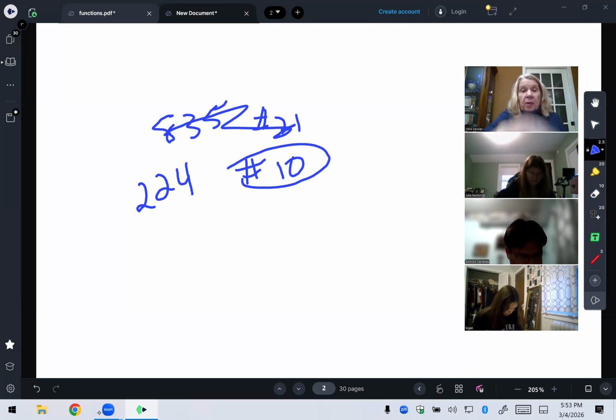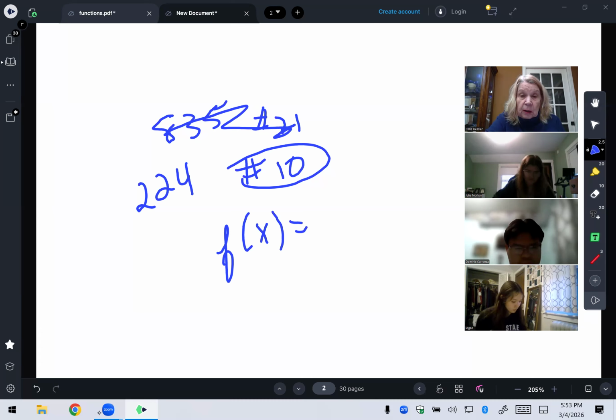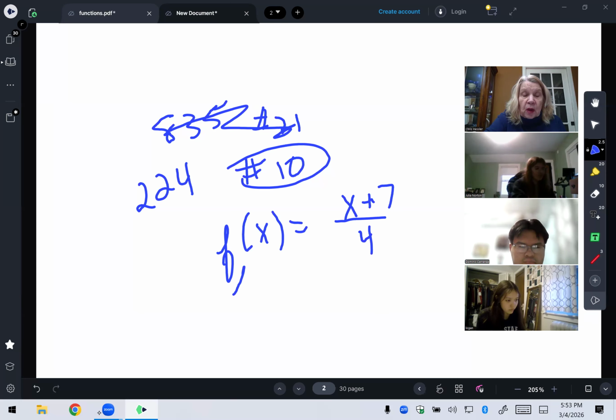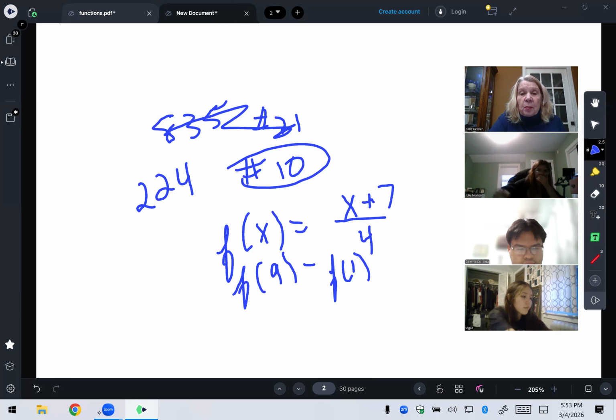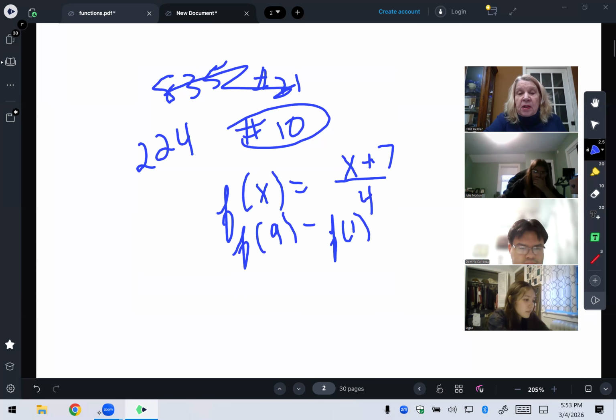Okay, this isn't so bad. So try it with me. See if you can beat me to the answer. F of x is x plus 7 over 4. We want to get f of 9 minus f of 1. So you're first going to put in a 9. So try to beat me to the answer.